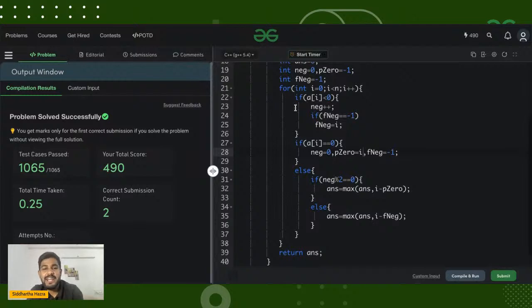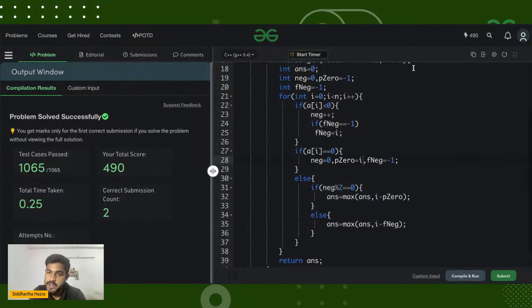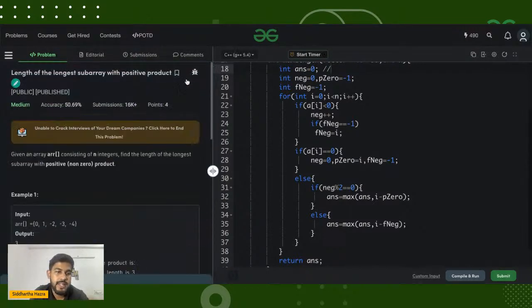So tell me the line number at which you are not able to understand. Now let's talk about the dry run also, because someone was talking about the dry run. Let's suppose the value of the array is 0, 1, minus 2, minus 3 and minus 4.